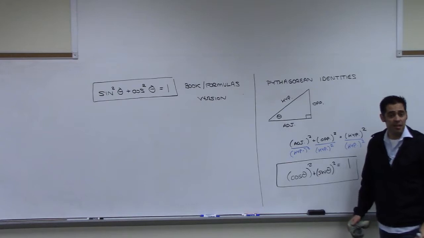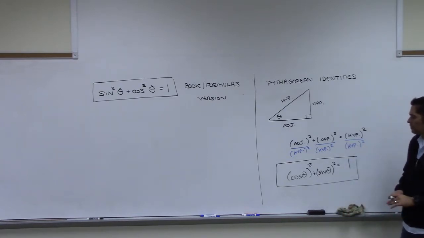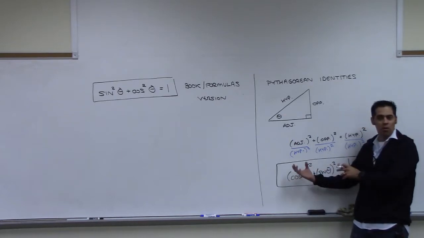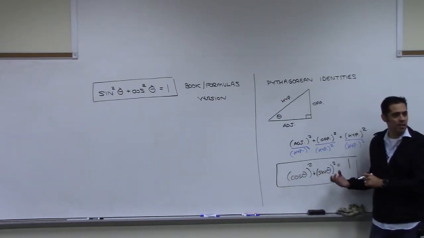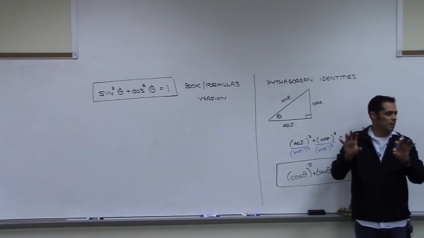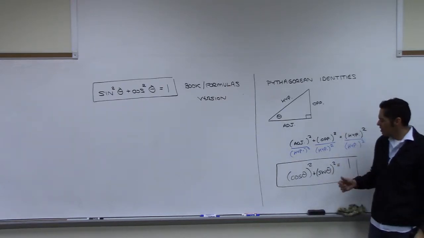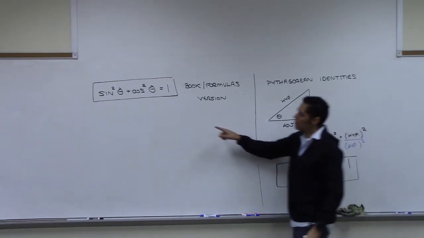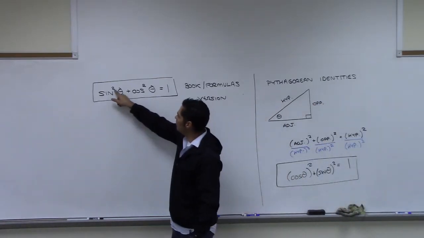Now we have to understand a few things about the differences in these versions. Notice, first of all, that they switch the order, right? They put the sine before the cosine. Now they're allowed to do that because that's a plus sign, and addition doesn't matter, right? So that's fine. But then also these squareds, they moved them, didn't they? They moved the squareds and they put them right after the n here. They put a 2 there.